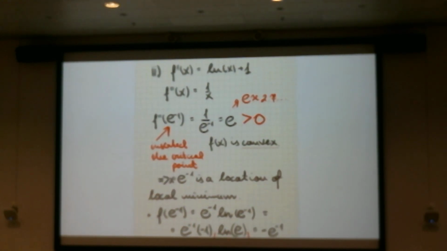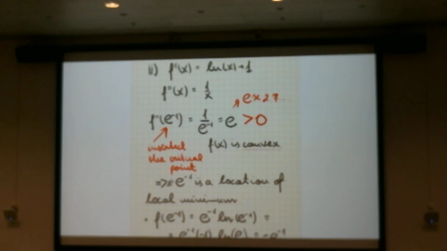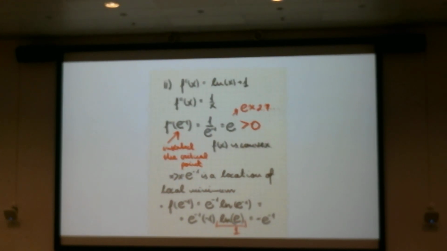Fine. So it means that we are considering only positive values of x. And if we look at the second derivative, it is 1 over x. And if x is only positive, does that mean that the second derivative is always positive? So it means that the second derivative is always positive. And therefore, this function is strictly convex, actually.